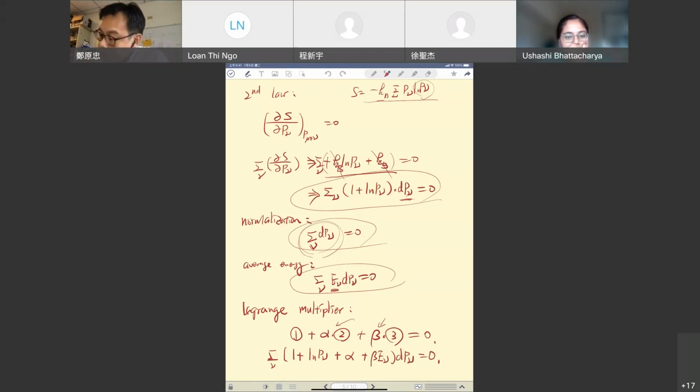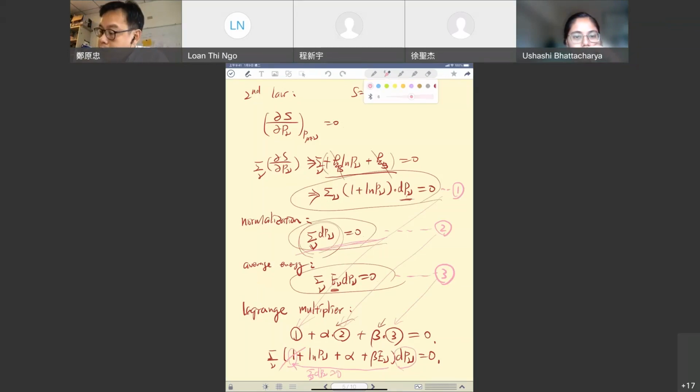And the first term 1 here actually goes away, because 1 times dp nu corresponds to the summation over nu of dp nu. This is equation number 1, this is equation number 2, this is equation number 3. So 1, 2, 3, okay? And this goes to 0, so we do not need to count this.